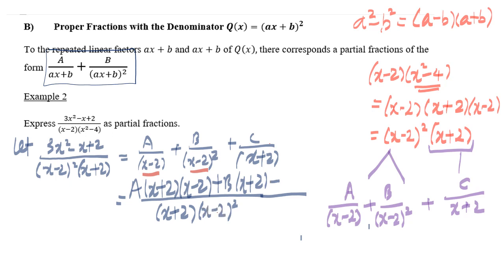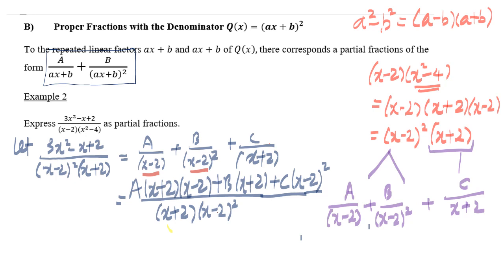Let's look at the last one. Okay, so the last one, you have x plus 2. So we close it up. Then you will have to multiply it with x minus 2 close bracket squared.